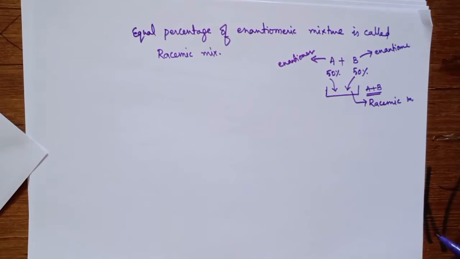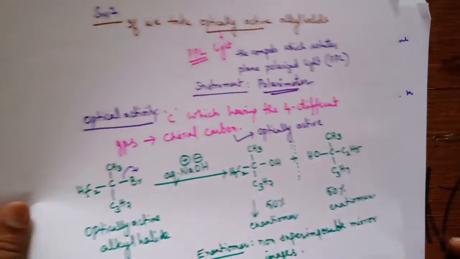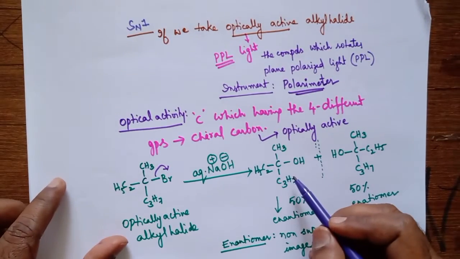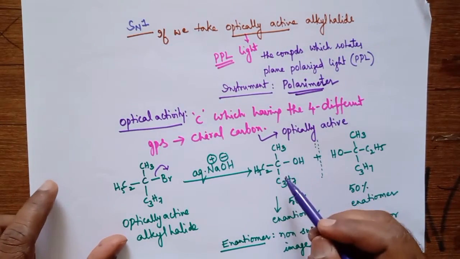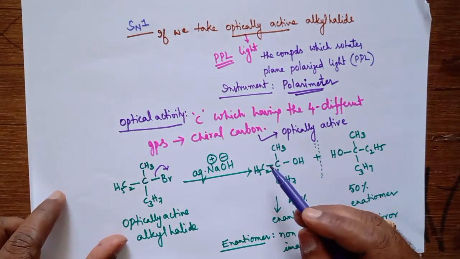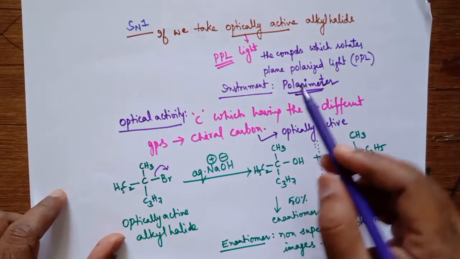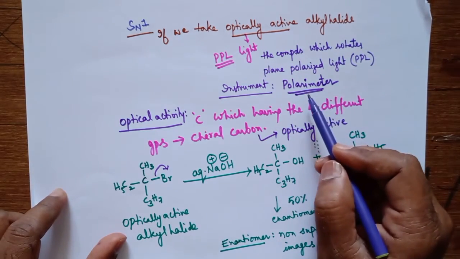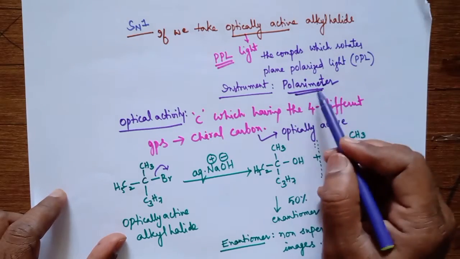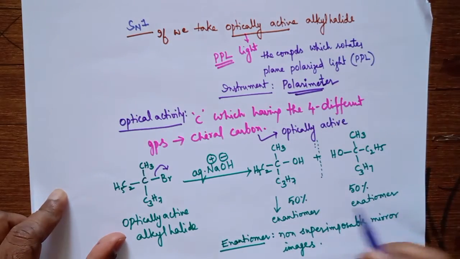Each enantiomer has its own rotation. I told you in the previous example that you don't know whether this compound rotates to the right side or the left side. What is the role of a polarimeter? A polarimeter can decide whether a compound rotates dextro-rotatory or levo-rotatory.